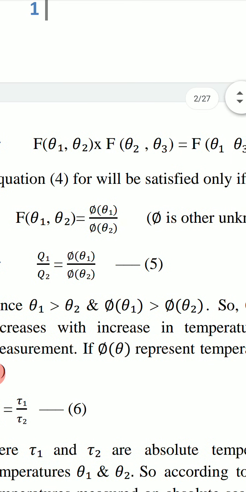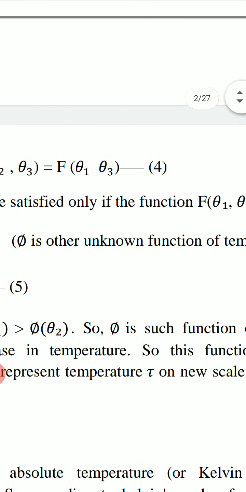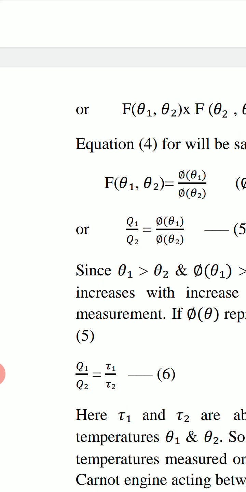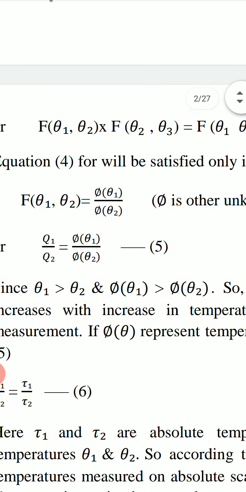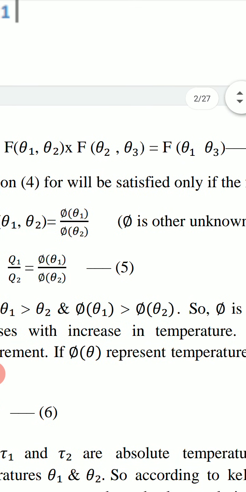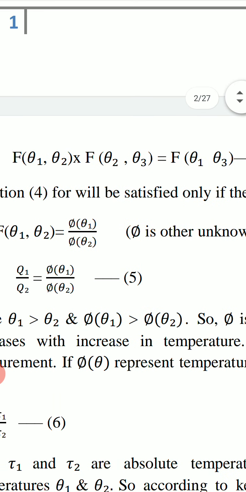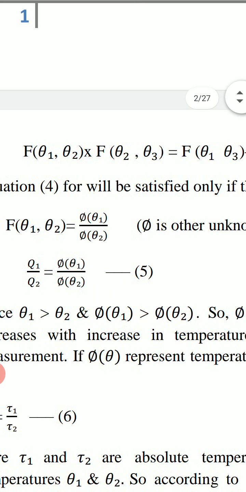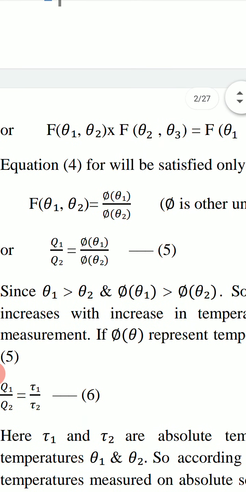Equation 4 will be satisfied only if the function F(θ1, θ2) has this type of form. Capital F(θ1, θ2) is equal to phi(θ1) upon phi(θ2), where phi is another function of theta.